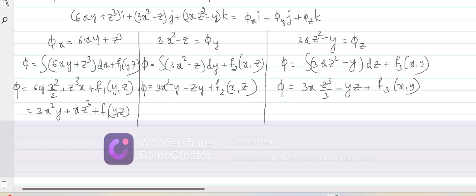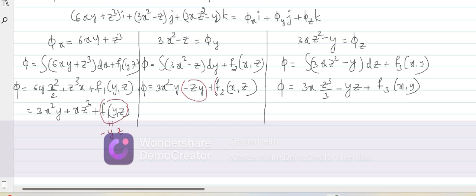This is φ, right? Now you can observe these three expressions for φ. We have the same function, but here we don't know what the function of y and z is. But in the second expression you can observe one thing: we have a function of y and z, that is -yz. I can say that this f1 must be -yz.